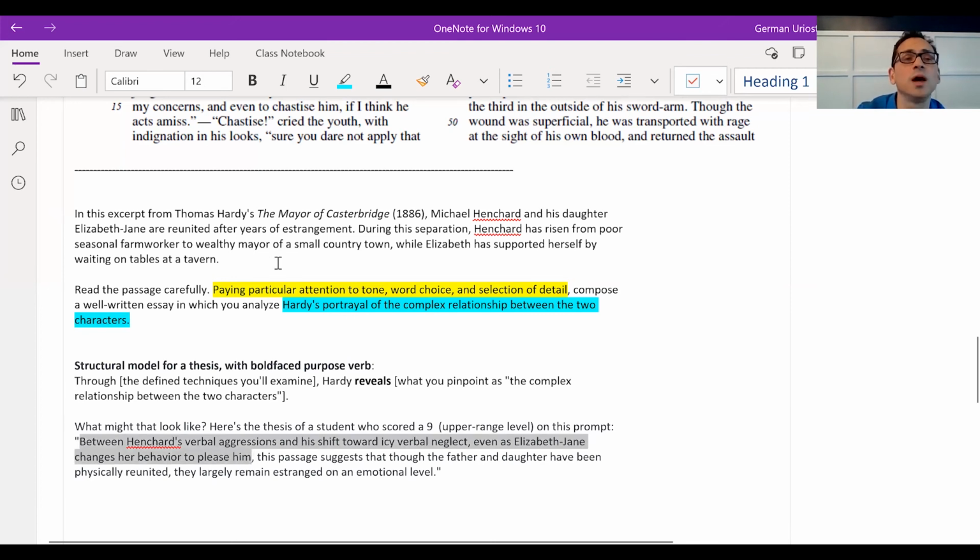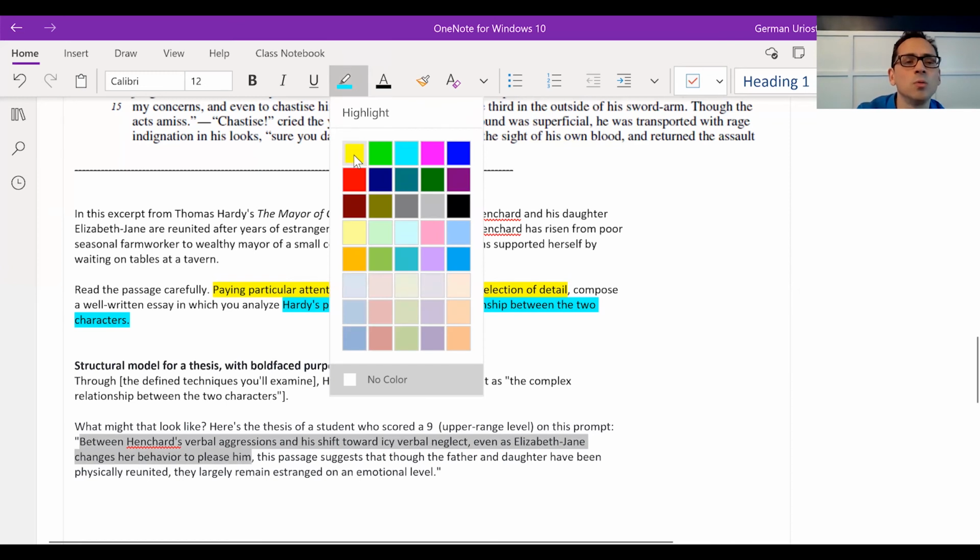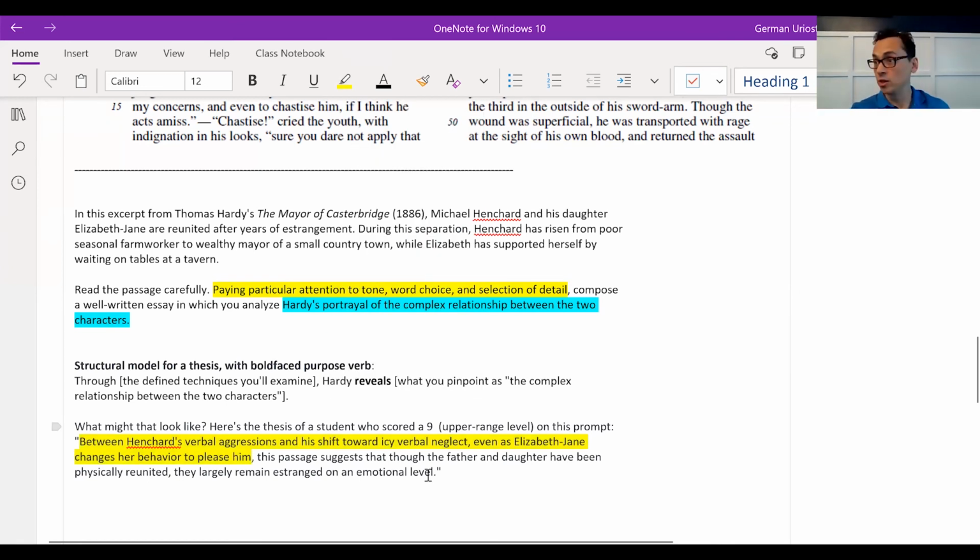Two-part thesis, the two parts that we're always looking for, which are what? What are you looking at about the text, and what does the text suggest? And notice tone, word choice, selection of detail. You don't even have to say the words tone or word choice or selection of details. Notice how deftly the student has pinpointed what he or she wants to focus on: Henchard's verbal aggressions, and that would be tone. Verbal aggressions, and his shift towards icy verbal neglect.